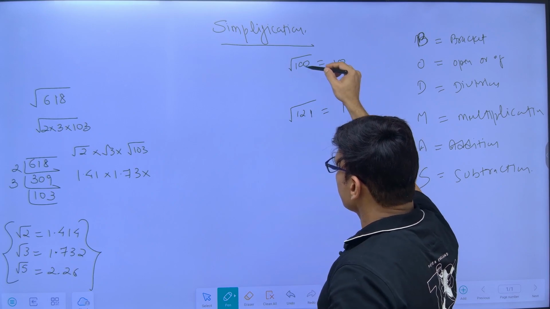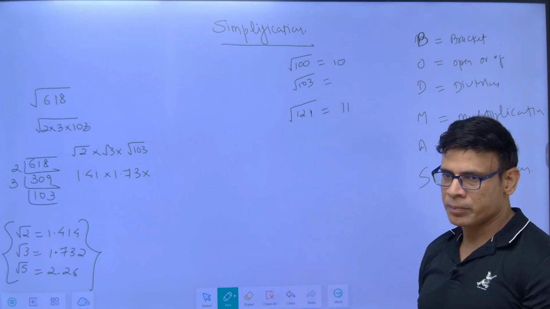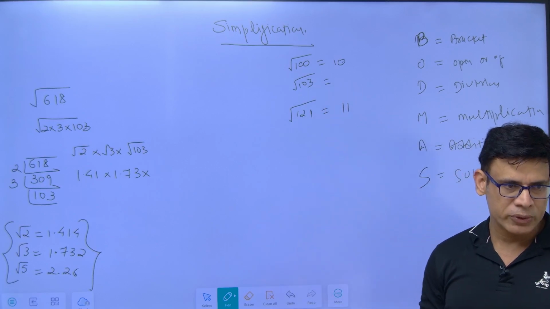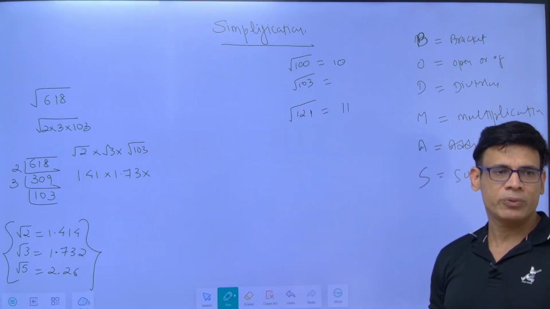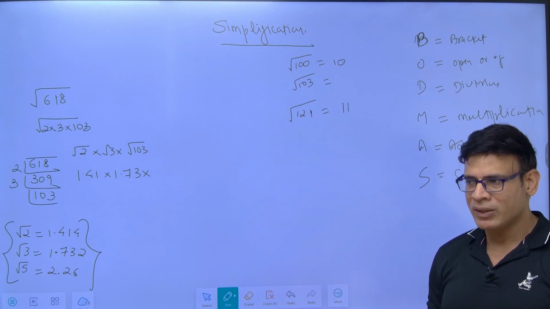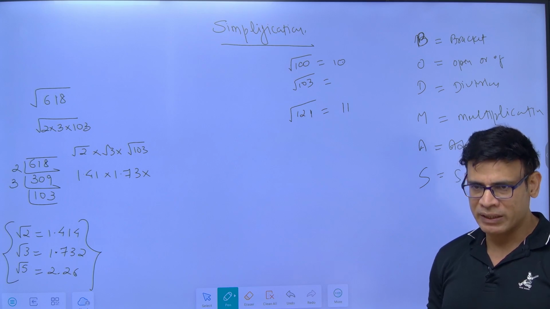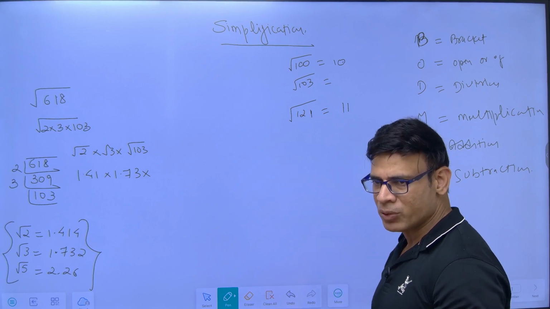So can we say the value of under root of 103 will be somewhere between 10 and 11? Now this 103 is closer to what? 100. So that means value will be closer to 10, slightly more than 10. Can be 10.1 or 10.01 or 10.02, something like this, right? But we know that slightly more than 10.